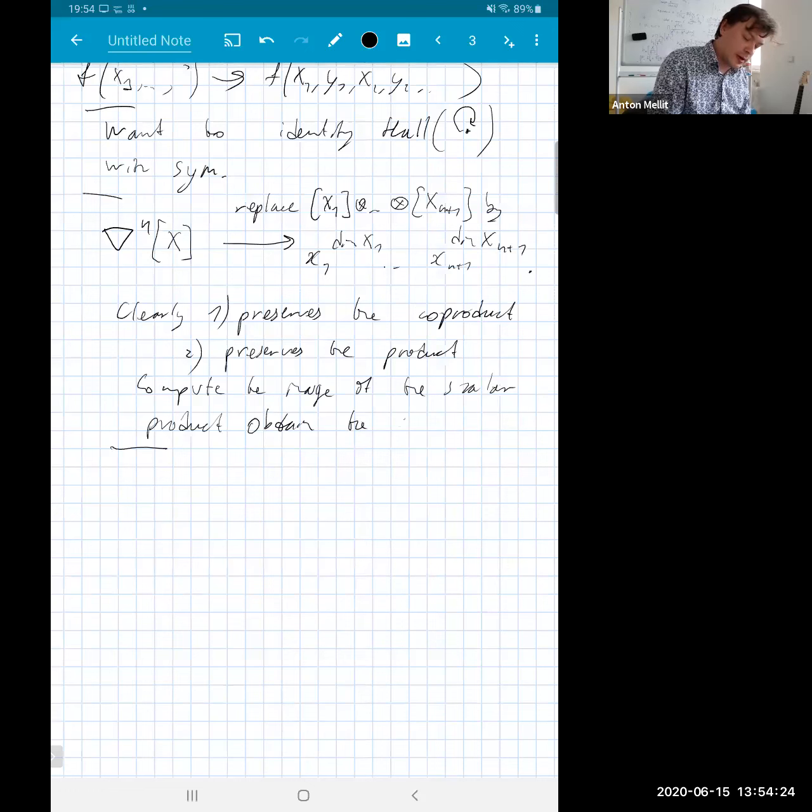So the Q modified scalar product is defined as follows.